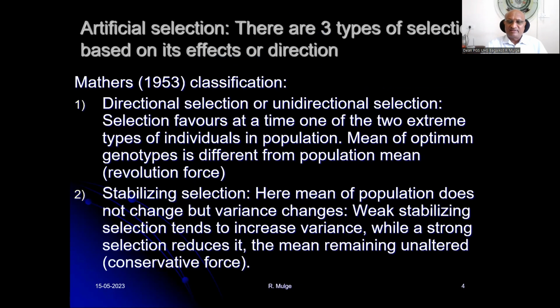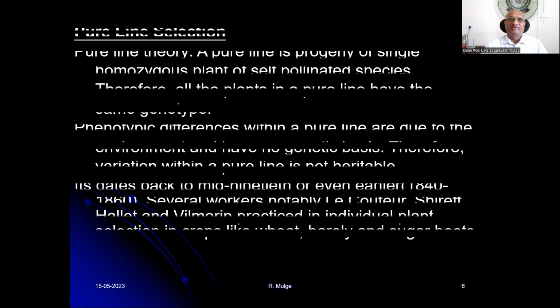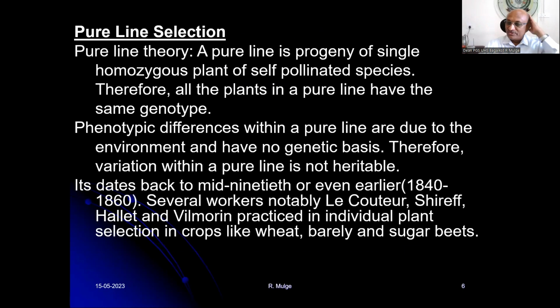Mather has given the classification. That's what you should remember for any plant breeding method you go for. You can use these kinds of selection. What do you want to do? Whether you want to go for stabilization, for extreme types, or retain both extremes, there can be some intention for doing that.